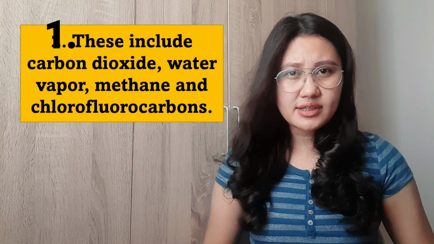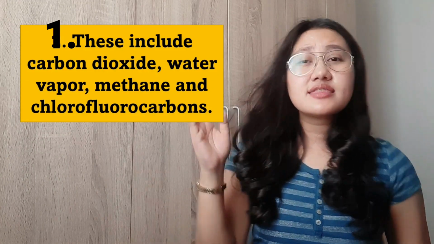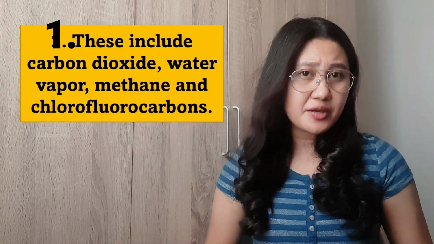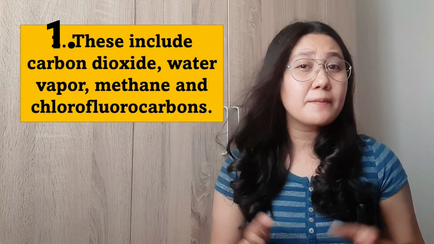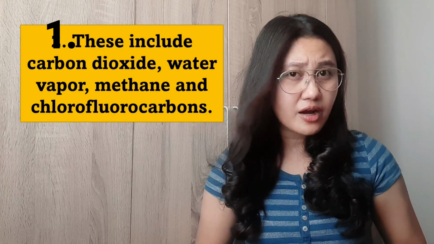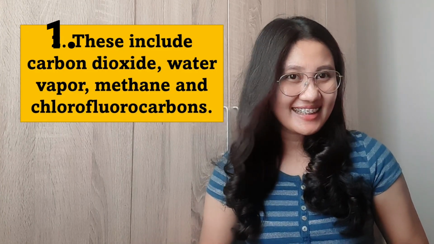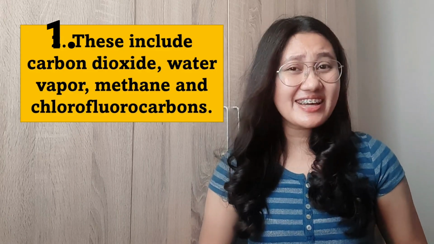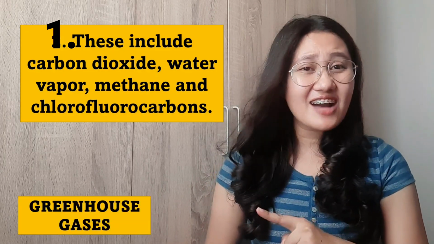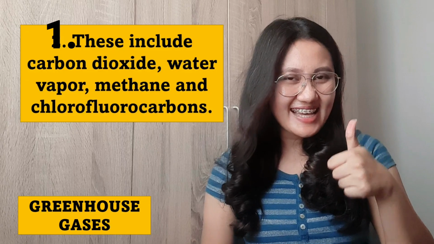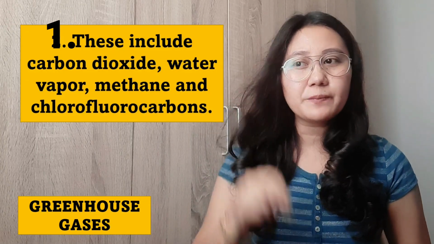Okay, so let us see if you really understood the lesson that we discussed today. So, I want you to answer these questions. Number 1, so what do you think is the answer for this? This includes carbon dioxide, water vapor, methane, and chlorofluorocarbon. Okay, very good. That is greenhouse gases. Okay, nice. How about for question number 2?